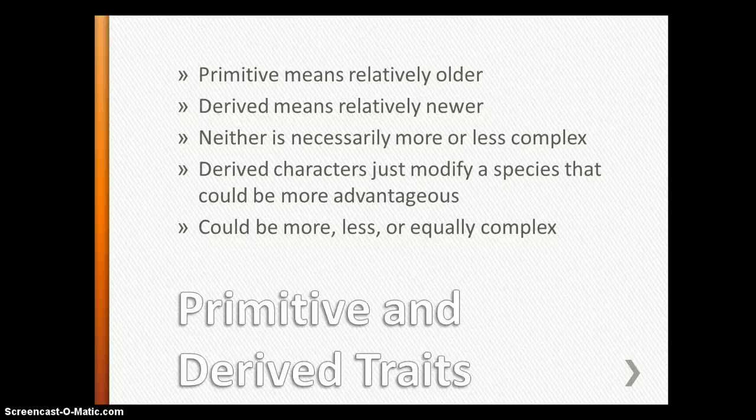However, neither is necessarily more or less complex, because derived characters just modify a species in a way that could be more advantageous. Derived characters could be more, less, or even equally complex as the primitive character. It all just depends on what the species needs to survive, really.